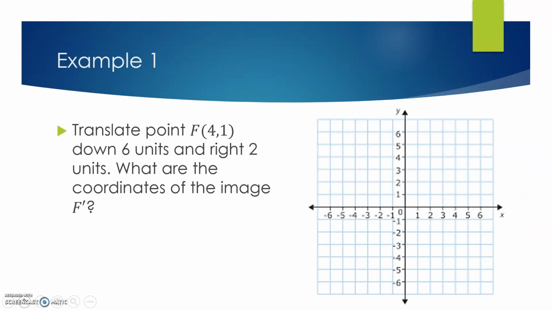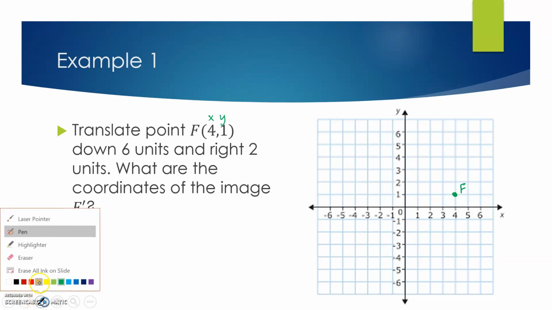Translate the point F (4, 1) down 6 units and right 2 units. What are the coordinates of the image F prime? Well, let me start by graphing this point. We've got 4, 1, so remembering X, Y, I'm going to move +4 and +1. And this is my point F. Well, then it tells me to do 2 different things.